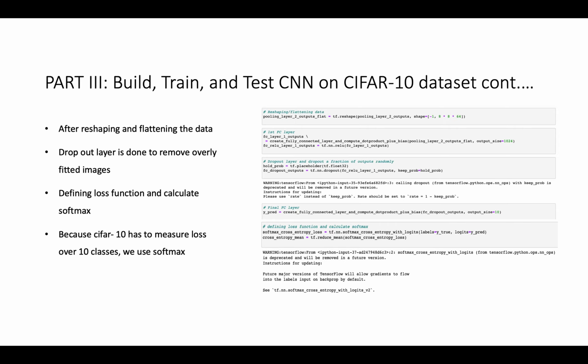After building the second convolutional layer and second pooling layer, we use a dropout command to remove the overfitted images. We also use softmax here in order to define the loss function, because we need to minimize the cost optimization function.